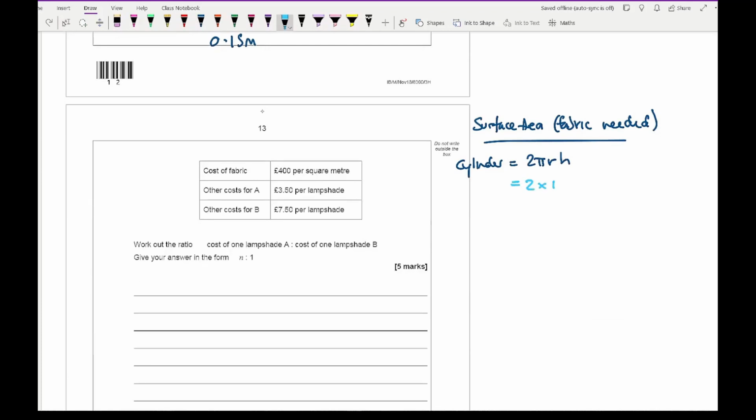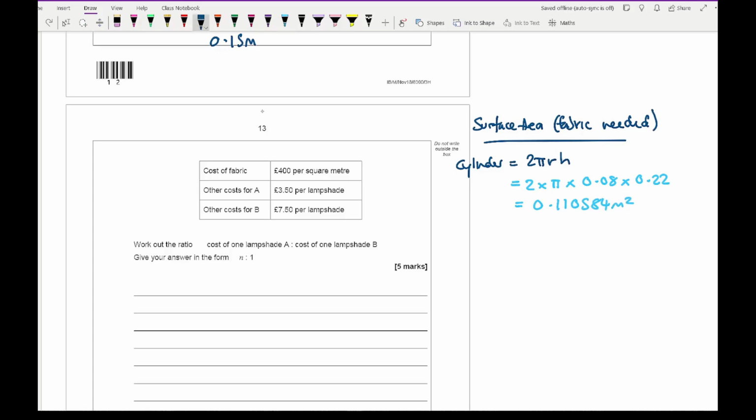2 times pi times 0.08 times 0.22, and if I work that out, I get 0.110584 meters squared.